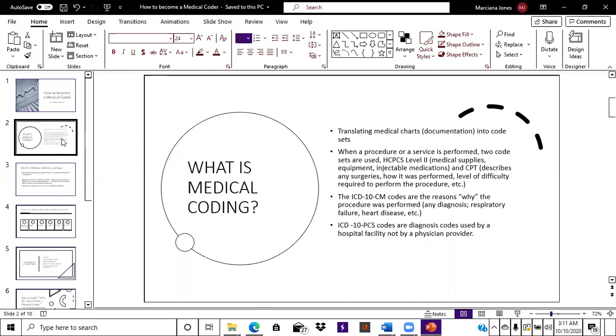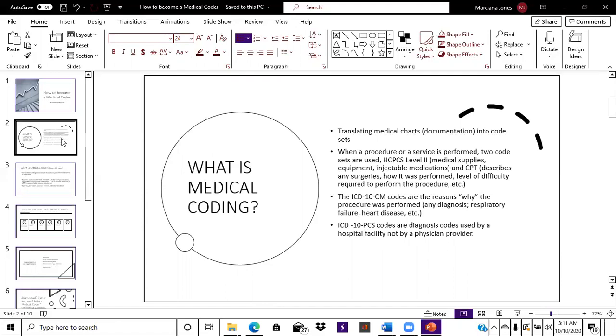You will use HCPCS level 2 codes, which is basically medical supplies, equipment, injectable medications, things like that. And you will also use the CPT code, which describes any surgeries, how it was performed, the level of difficulty that was required to perform the procedure, all of those things.